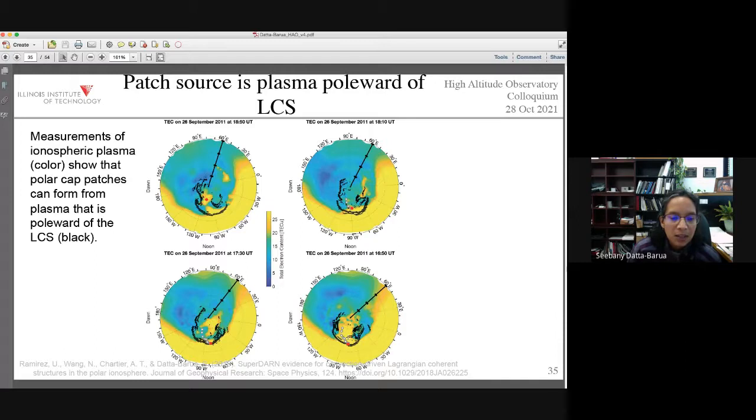And what we find is that if there is plasma that is poleward of that W-shaped LCS, then that's the source of that plasma that can form polar cap patches. And so we think that there is a significance to computing where these LCSs are for what they might say about when and where polar cap patches might be expected.